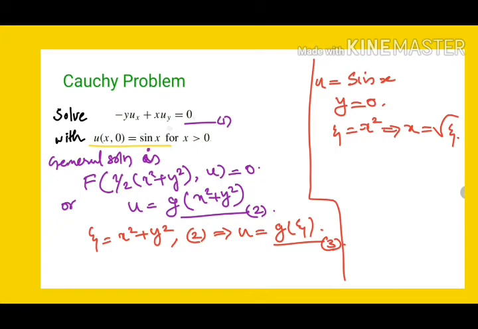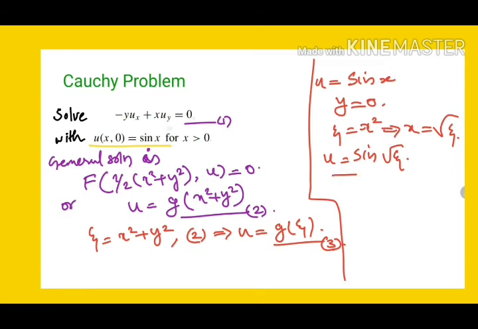So when x is root theta, u is equal to g of theta. That means u is equal to sin x, which is sin root theta, equation 4.